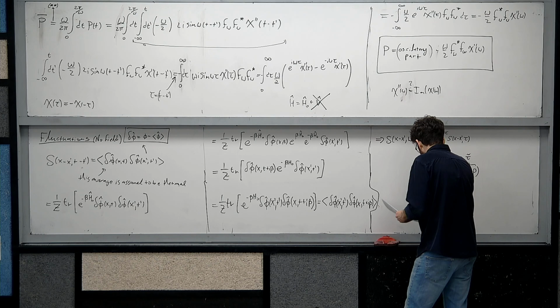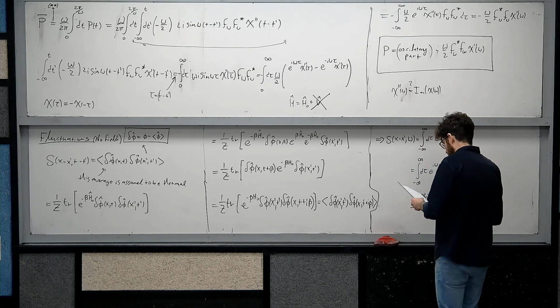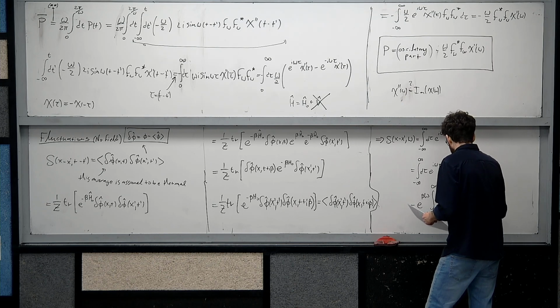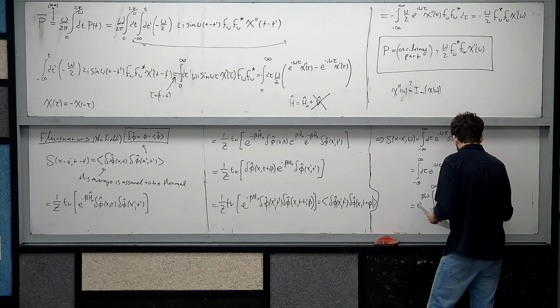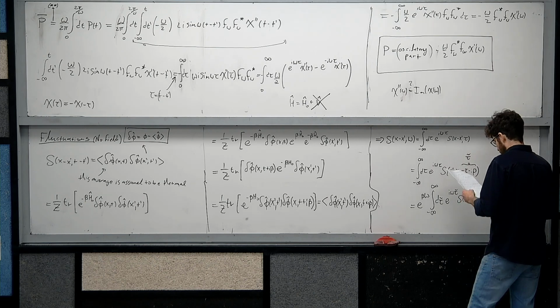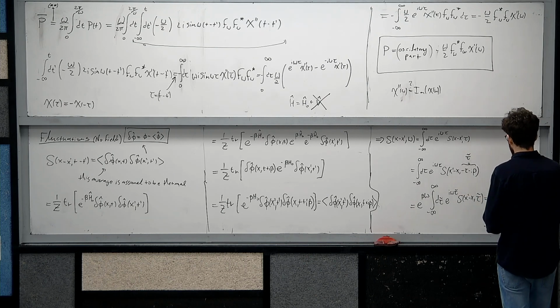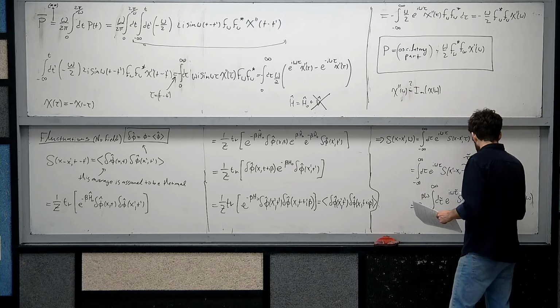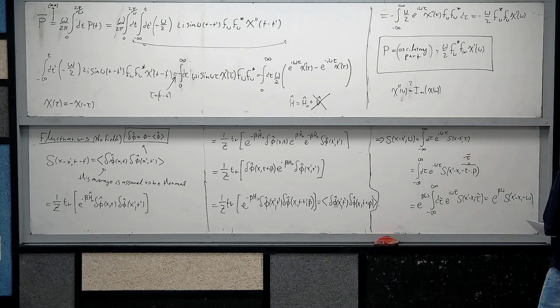This is equal to e to the beta omega, the integral from minus infinity to infinity d tau tilde e to the I omega tau tilde S of x prime minus x and tau tilde, which is e to the beta omega S of x prime minus x... Sorry, you shifted the x and x prime on purpose?